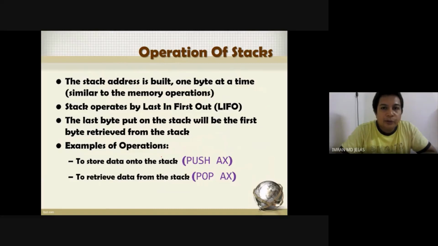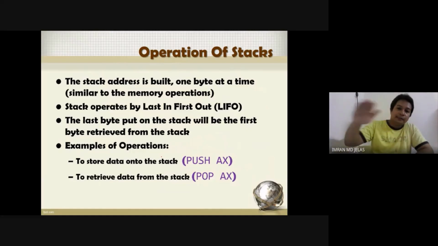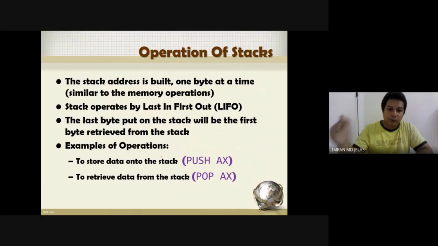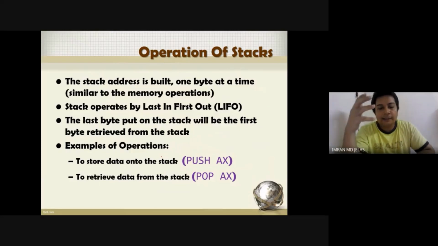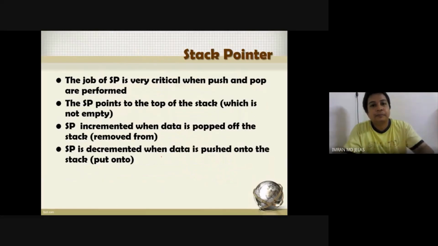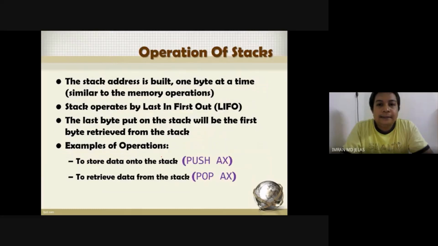Normally for a stack instruction in assembly language, we will use push to store data inside the stack, and pop to retrieve data from the stack. Once we pop, the data inside the stack will be deleted or ignored.